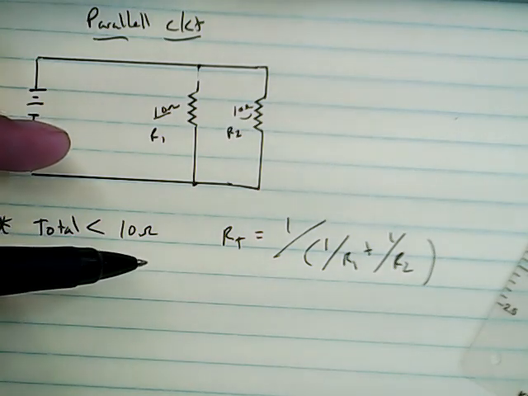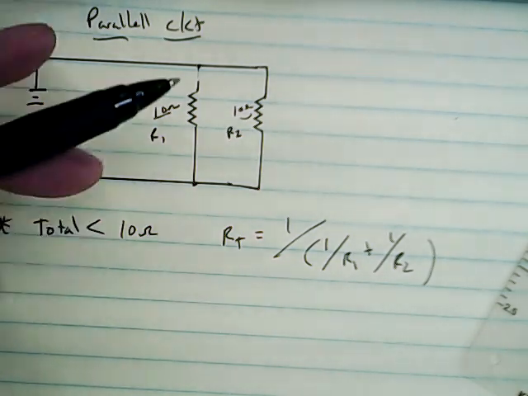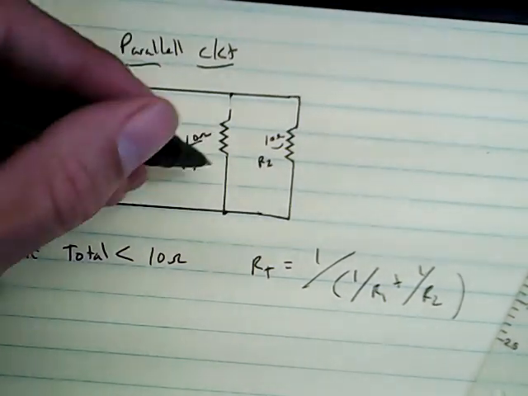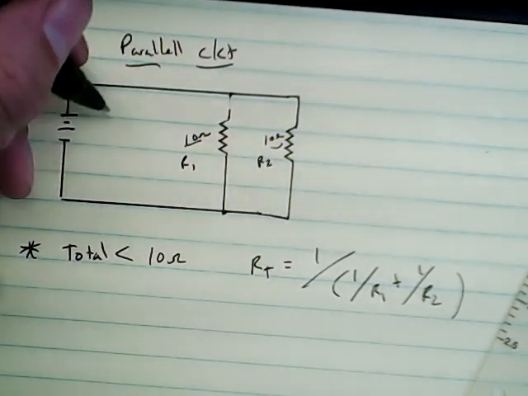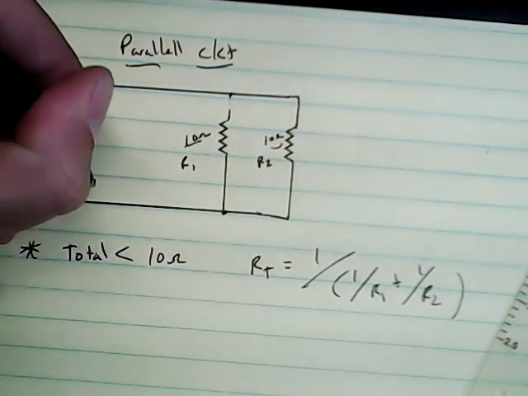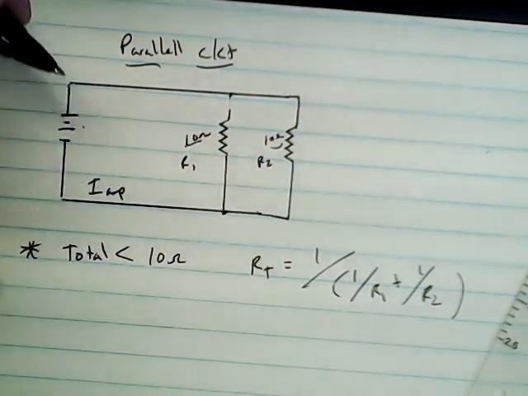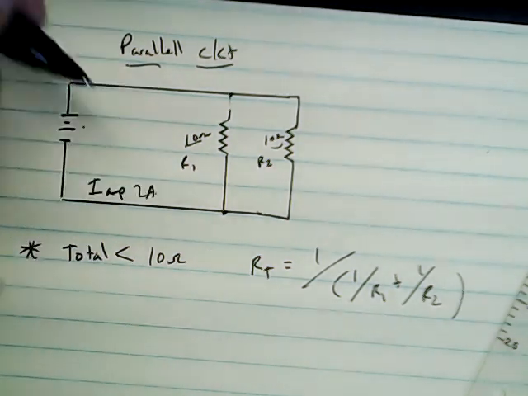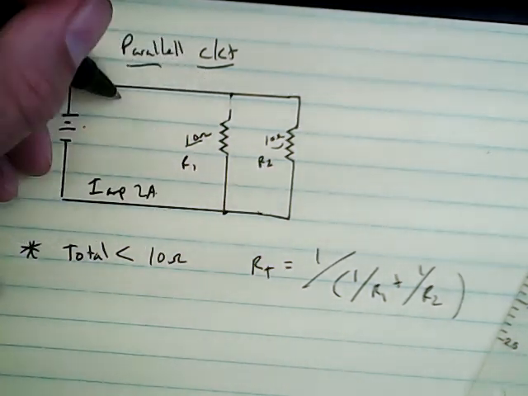When you're dealing with the currents through a parallel circuit, they equal, this is Kirchhoff's law here, so if I have, let's just say we'll go 2 amps again of current flowing through it, you're going to have that current, 2 amps, flowing through the circuit.